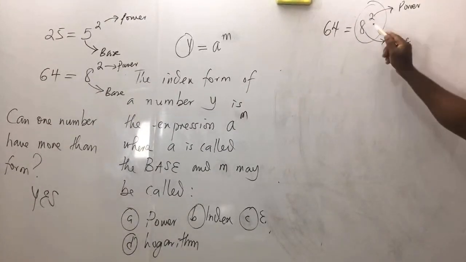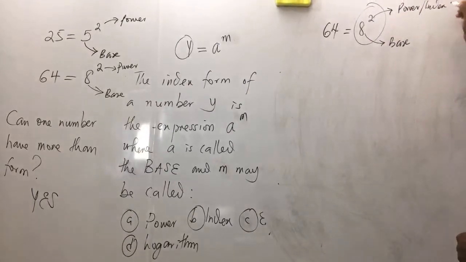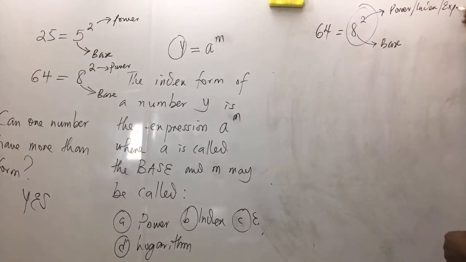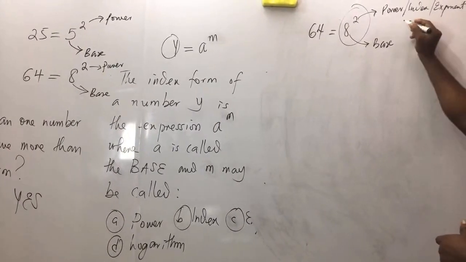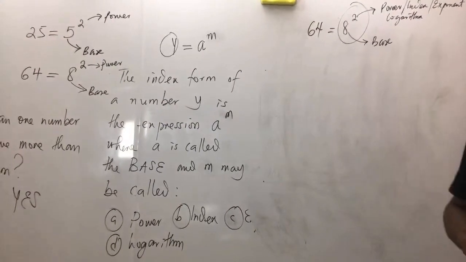Take note, if you don't want to call it power, you could call it index. If you don't want to call it index, you could call it exponent. If you don't want to call it exponent, you could call it logarithm. But let's save that for a later discussion.